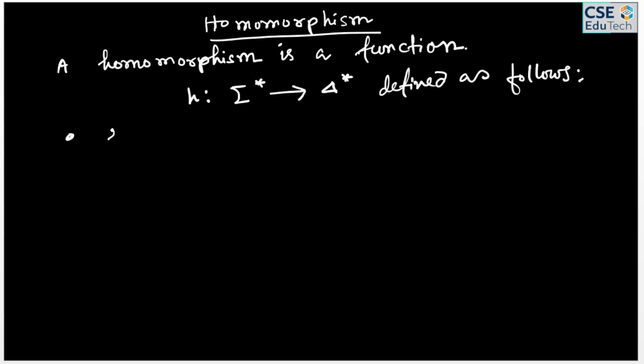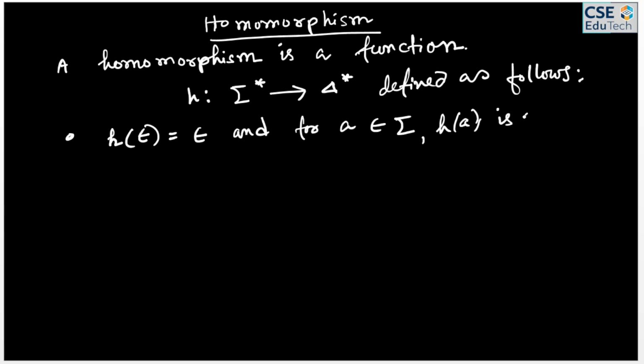That is, the homomorphism of epsilon is epsilon, and for a symbol a belonging to the alphabet sigma, H of a is any string in delta star.